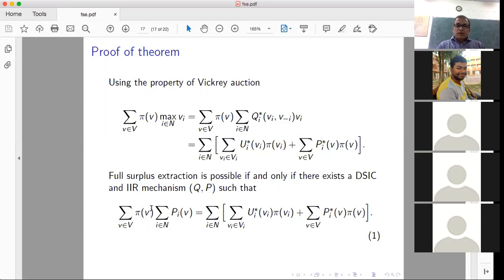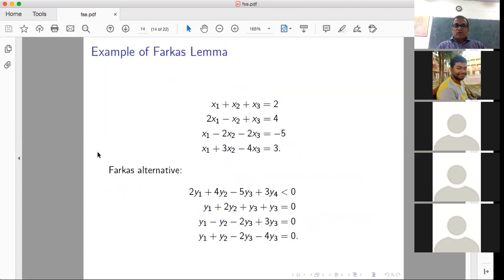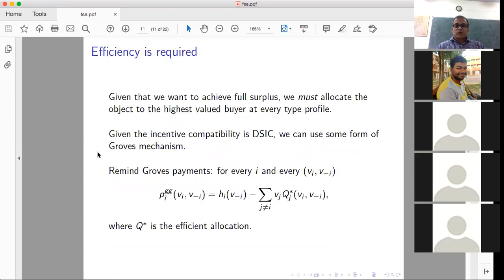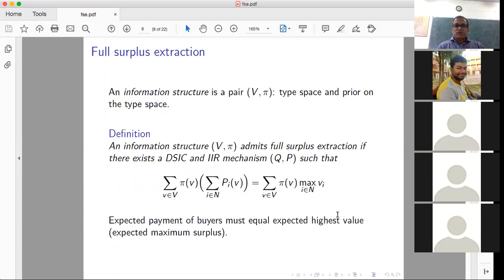Because our earlier condition was that full surplus extraction is equal to the sum of payments, right? Full surplus extraction is basically the sum of expected payments being equal to the expected highest value.